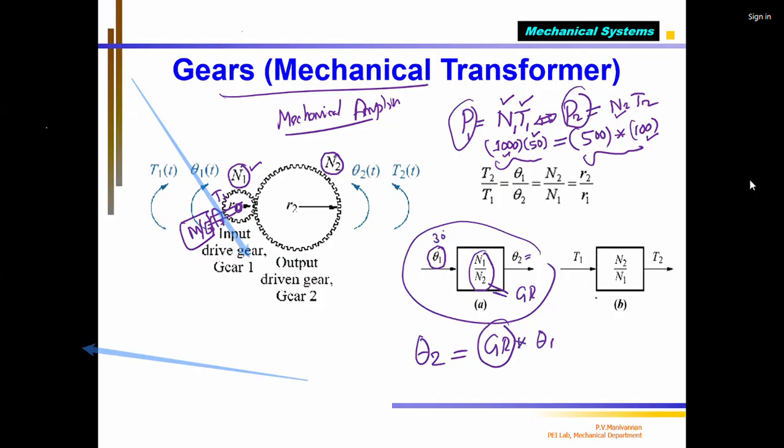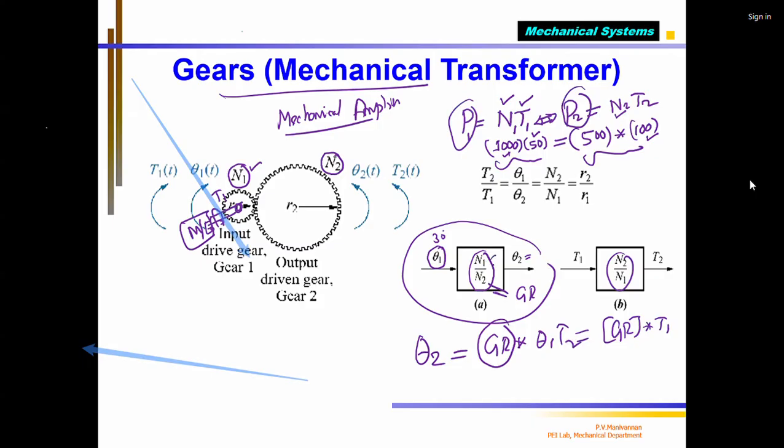Similarly, if I want to talk in terms of torque instead of input RPM, the gear ratio N2 divided by N1, called GR, multiplied by T1 equals T2. So you can see that the gear ratio is opposite.